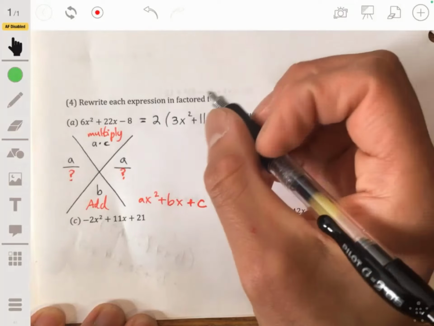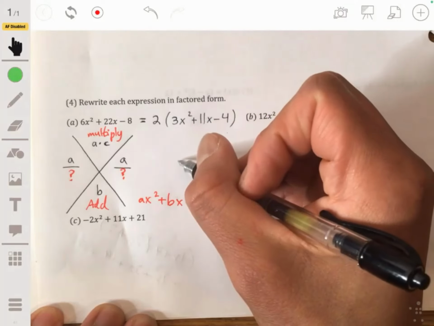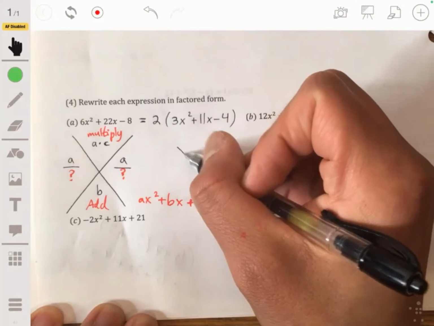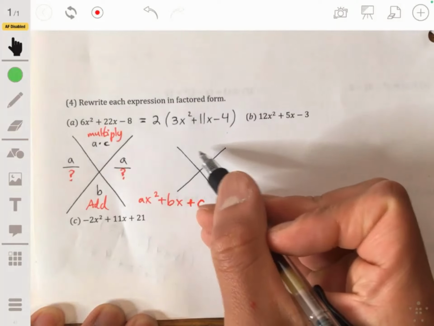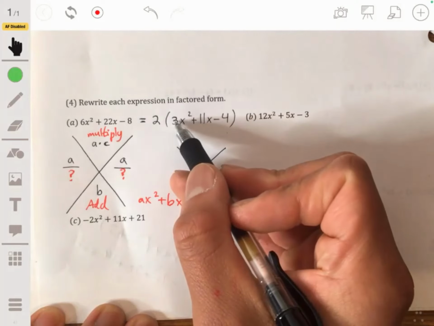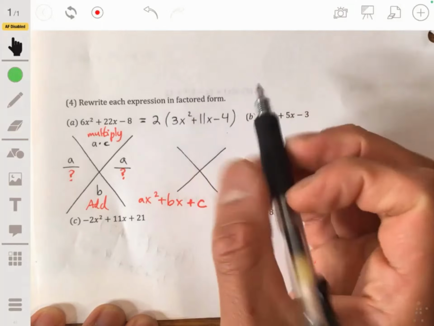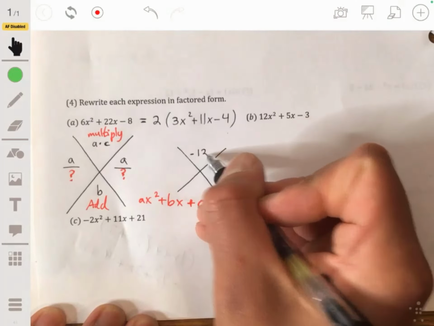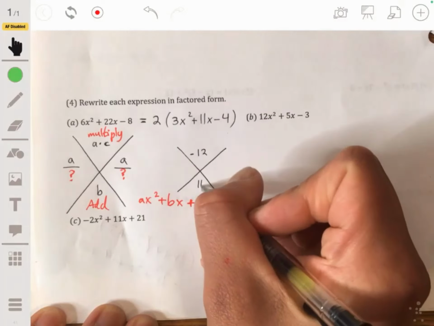So let me write it. I'll put it right here. That's enough space. Okay, so A times C at the top. Our A is 3. Our C is -4. So 3 times -4, -12. B in the bottom. So 11 in the bottom.